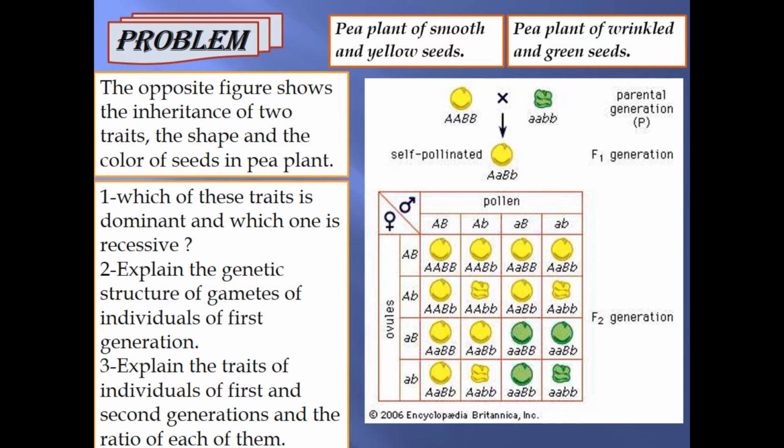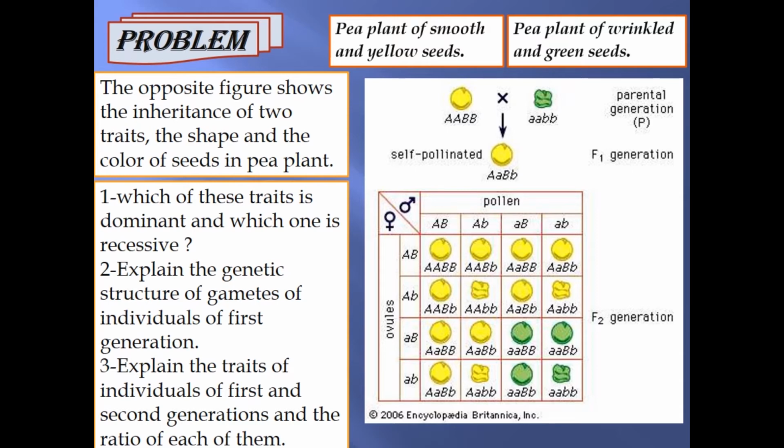Those two plants crossed to produce individuals of the first generation, and as you can see, all the individuals of the first generation having the dominant trait, which is pea plant of smooth and yellow seeds. Then, when we leave these plants to make self-pollination, the second generation appeared, with the following genotypes.